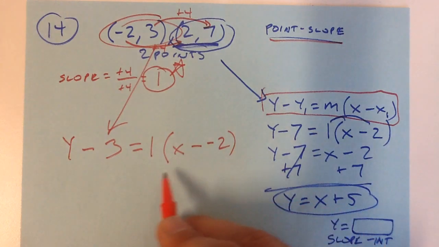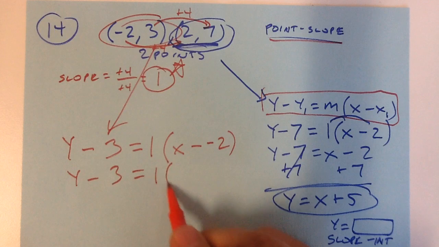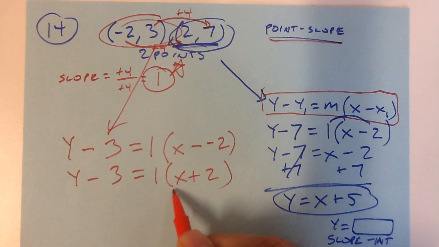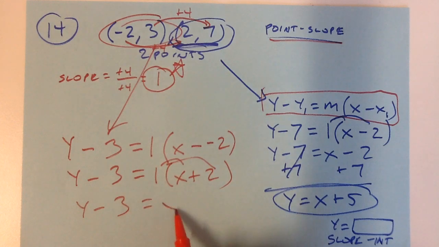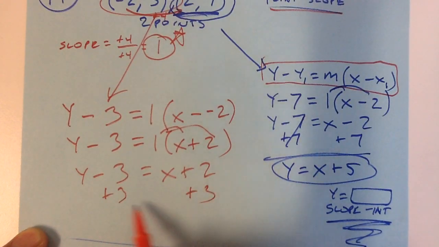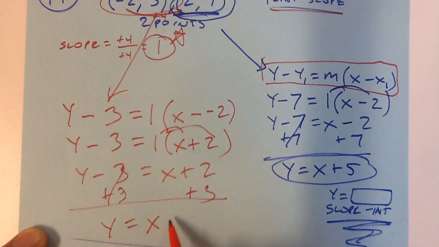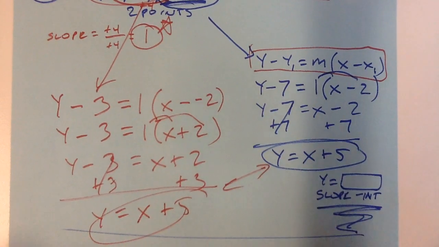We clean this up a little bit, make this 1 times x plus 2, and once again, distributing a 1 doesn't change anything, so we just get x plus 2. We add 3 to both sides, and we get y equals x plus 5. Same answer, whichever way you do it.